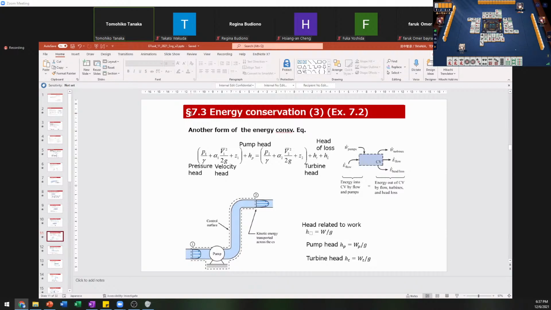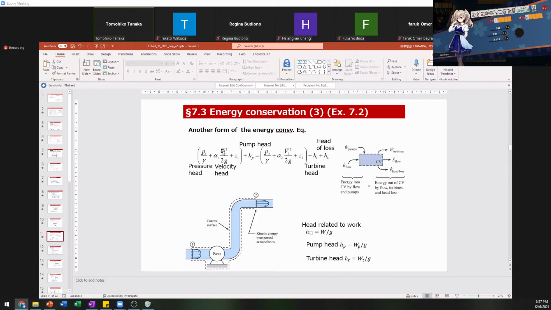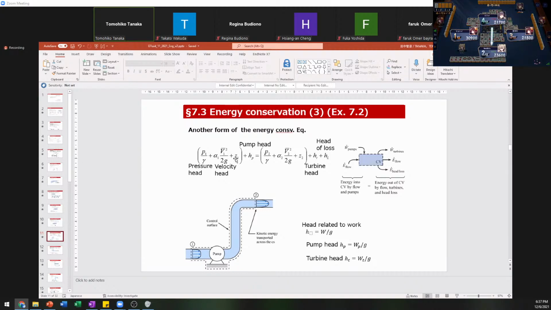So the next topic is energy conservation using the pump head, turbine head, and head loss. Another form of the energy conservation equation can be described as pressure head plus velocity head, which is alpha 1 times mean velocity squared over 2g, plus potential plus pump head.